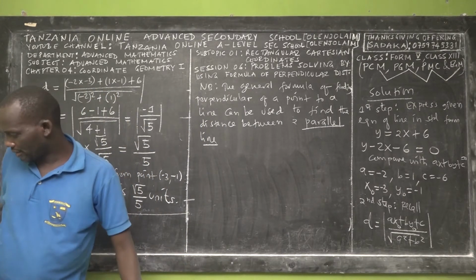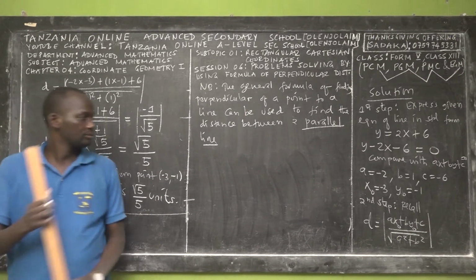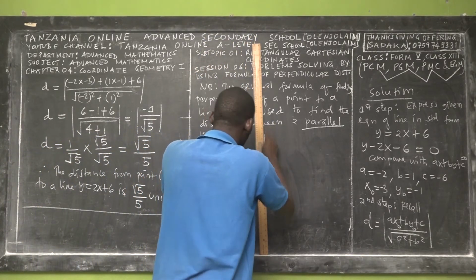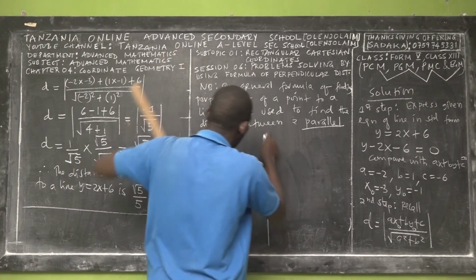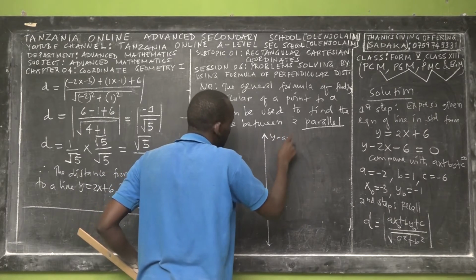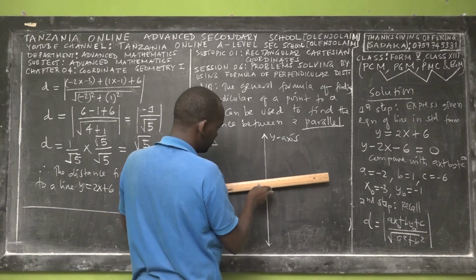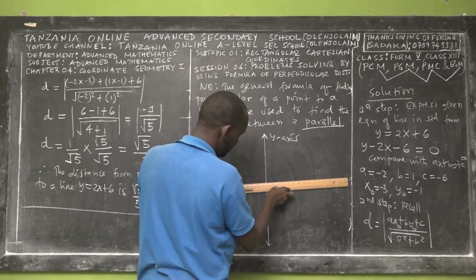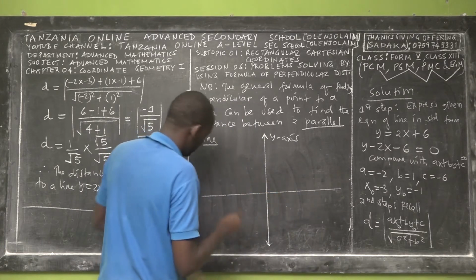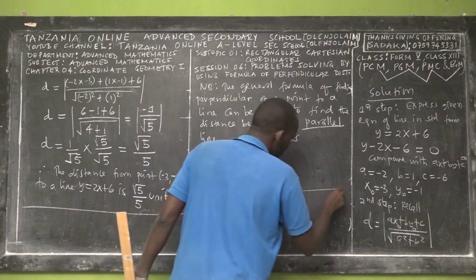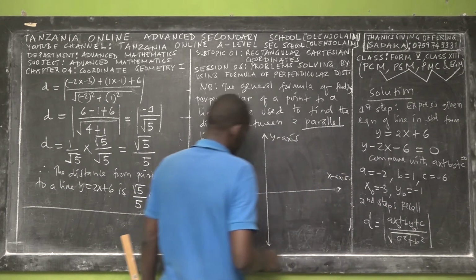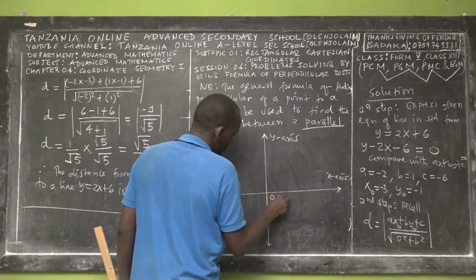Okay, so why and how is it possible? Let us consider the Cartesian coordinates of the xy plane. This is the y-axis, and here we have the x-axis. This is 0, 0.